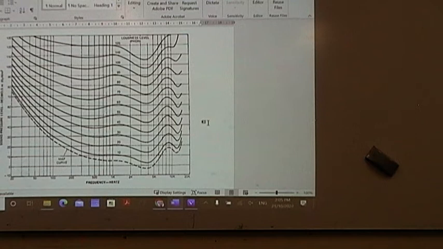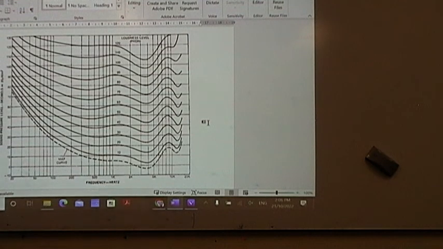Our ear responds the best at, and you see this is a logarithmic scale, going 20, 30, 40, 50, 60, 70, 80, 90, 100, then 200, 500, 1000, 2000.